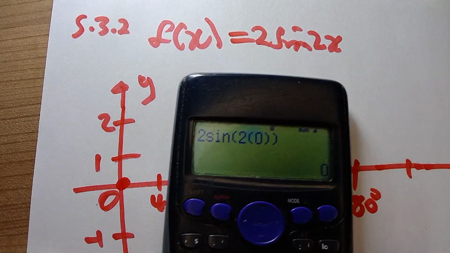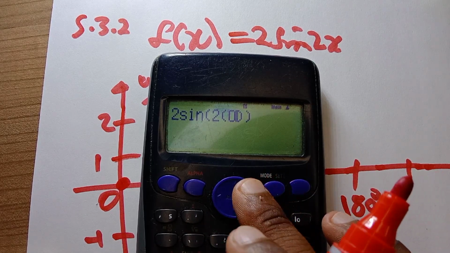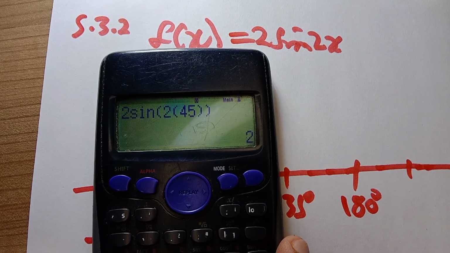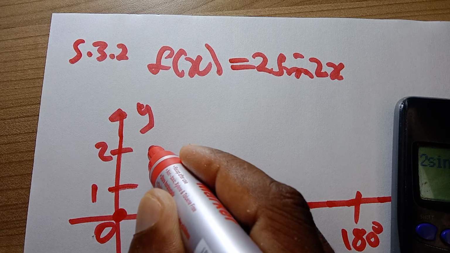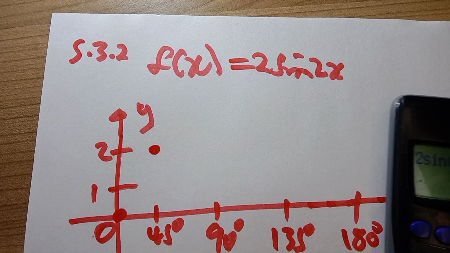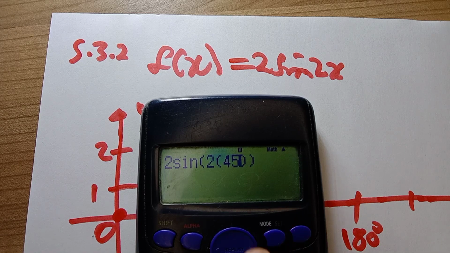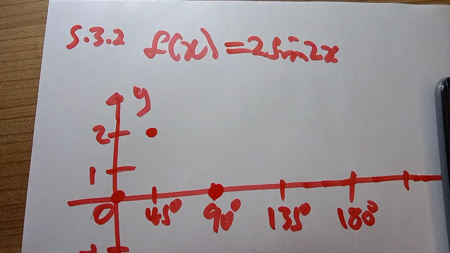Then we try 45, and it gives us 2. Then 90 should give us a 0.